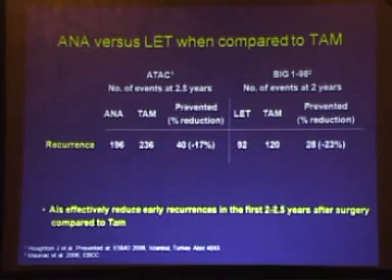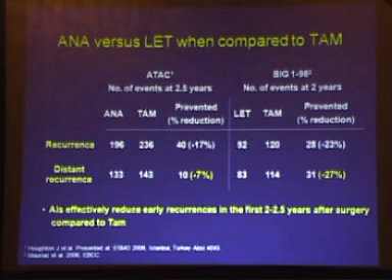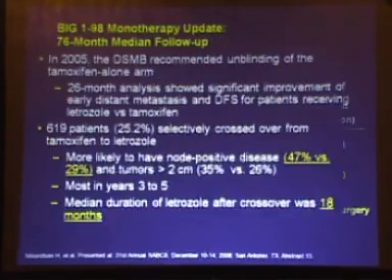That is not a real difference, but the difference actually was to reduce the distant recurrence, which was only seen during the first 2.5 years in 7% in the ATAC study and in 27% in the BIG study. And just to remind you, what is really killing our patients is the distant recurrence.